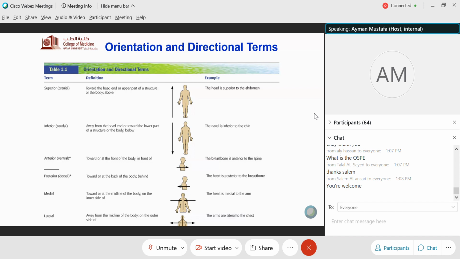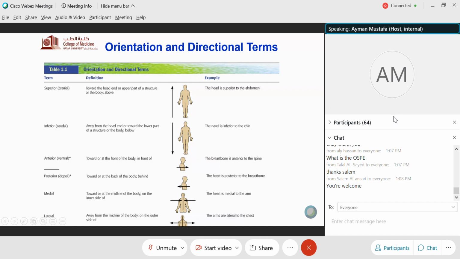Your breastbone is superior to your umbilicus. If you reverse the comparison, you will use inferior. So I can say the umbilicus is inferior to your chin. The abdomen is inferior to the thorax, etc. So that's the first pair of terms.